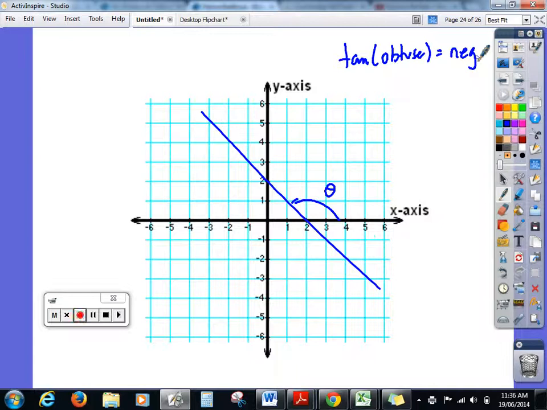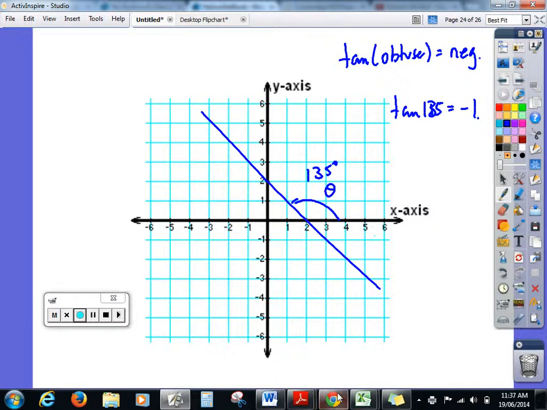So you'll get a negative value here. If this was 135, for instance, tan of 135 equals -1. So the mathematics works quite well when we look at an obtuse angle as well. So negative gradients have obtuse angles, and positive gradients have acute angles made with the axis.